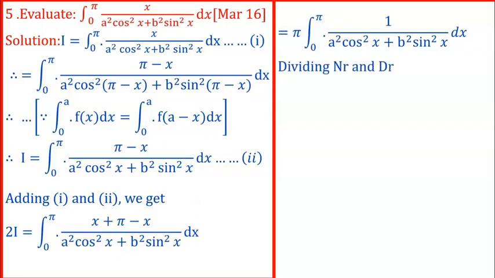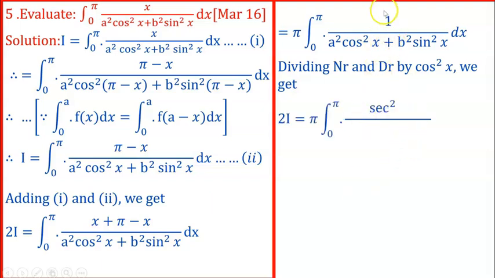Dividing numerator and denominator by cos square x, in the numerator 1 upon cos square x means sec square x, and in the denominator cos square gets cancelled, you will get a square plus b square sin square x upon cos square, that is tan square x.